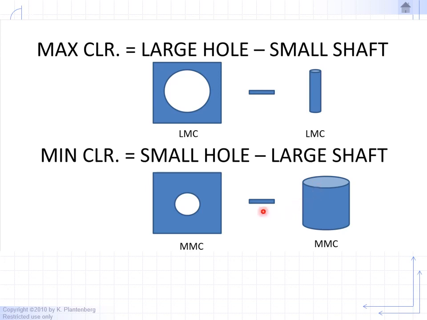And obviously, you can see there's a lot less clearance than the max clearance. Here we'll have less clearance between a large diameter shaft and the hole versus the small diameter and the large hole. Here we'll have more clearance, here we'll have less clearance. The minimum clearance, maximum clearance.